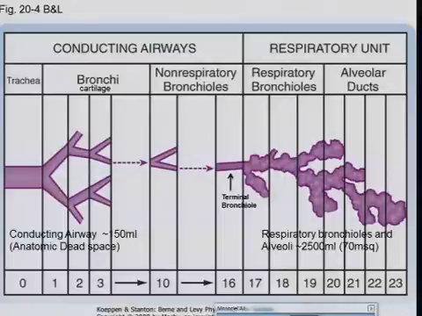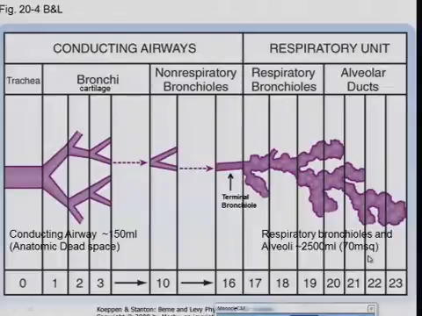If their normal volume is about 2,500 ml and a tidal volume is 500 ml, that means we retain a lot of gas or a lot of air within our lungs with each breath. So we're breathing on top of a volume that's maintained there. Once again, that's going to be very important when we talk about gas exchange.